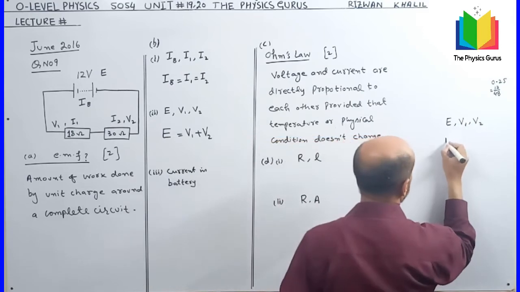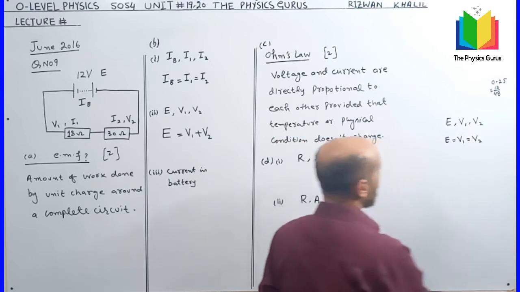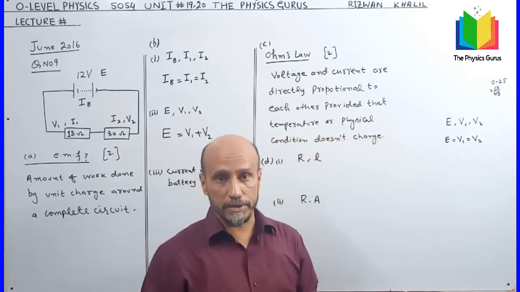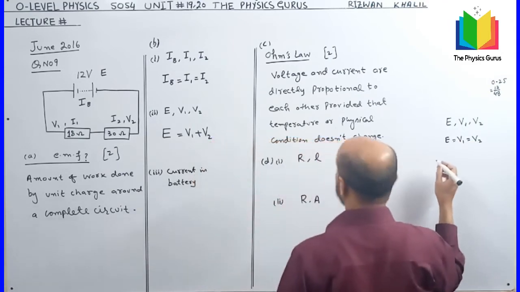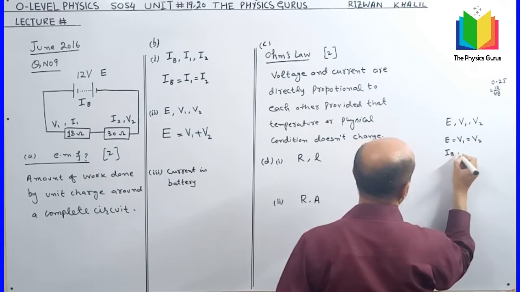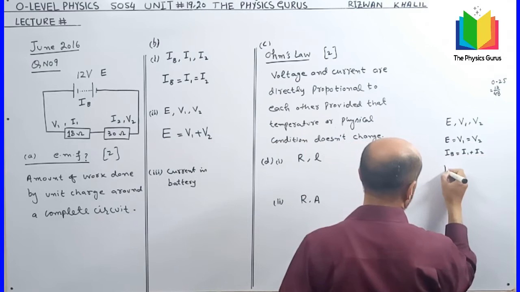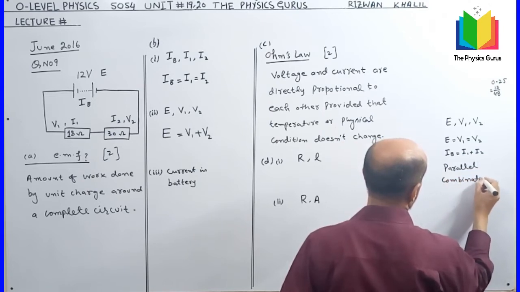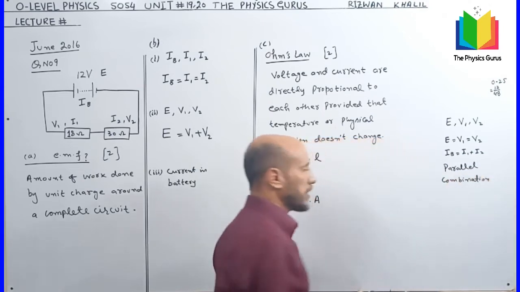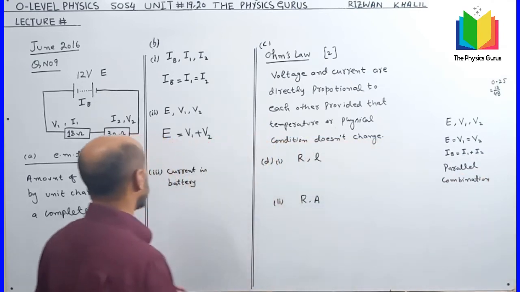Then for parallel combination, what will be the relation between currents? That is IB is equal to I1 plus I2. But this is specifically for parallel combination. The characteristics or properties of series combination are entirely opposite to those of parallel combination.